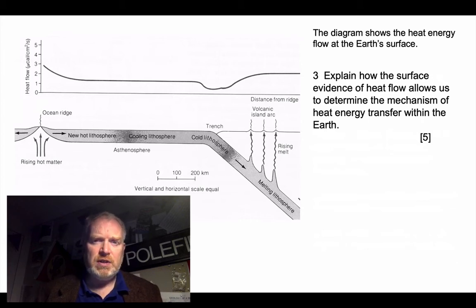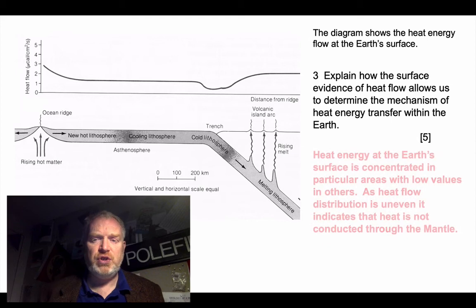If the Earth conducted heat energy, what we'd see around the Earth's surface is fairly constant heat flow. But as we can see from this piece of data, heat flow isn't constant. We have some areas of very high heat flow and some areas of very low heat flow.